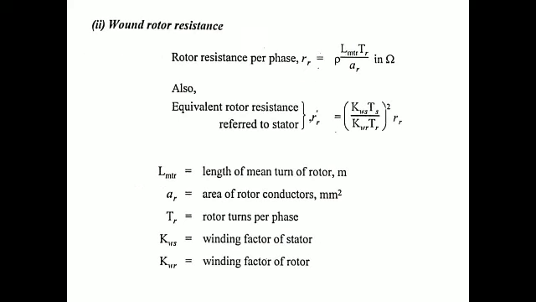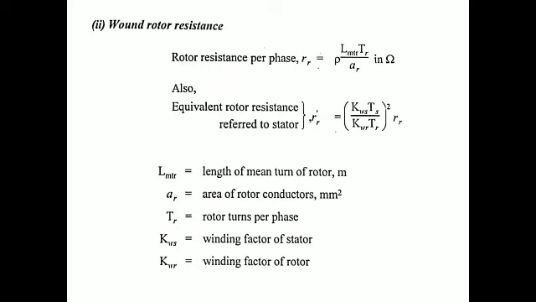Then after that, the rotor part. We have two portions here now. One is the wound rotor, another one is the cage rotor. Wound is nothing but slip ring. In a slip ring rotor, the rotor resistance is calculated and denoted by R suffix R. Here in this induction motor, the rotor should be considered as the secondary.